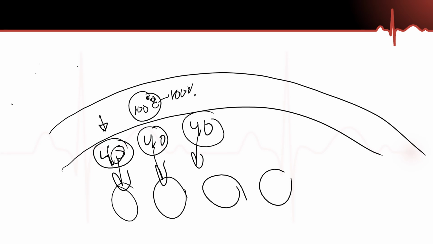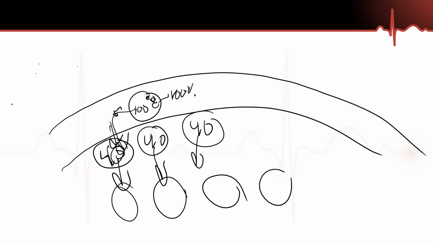And this loop of oxygen moving from the plasma into the interstitial fluid, and then oxygen moving from the intracellular fluid of the red blood cell into the plasma, and then into the interstitial fluid, is just going to keep happening until we hit an equilibrium.